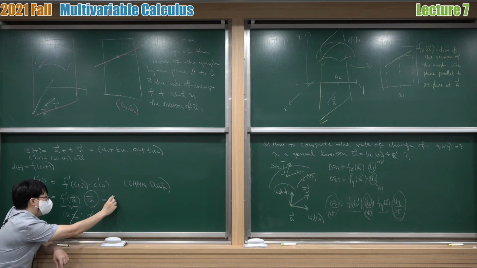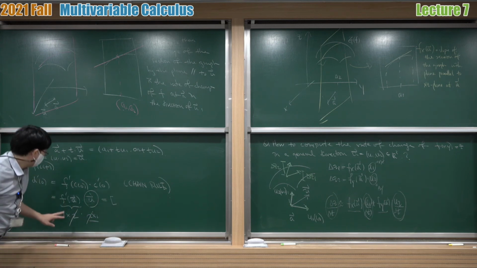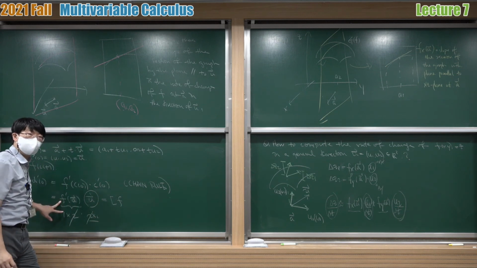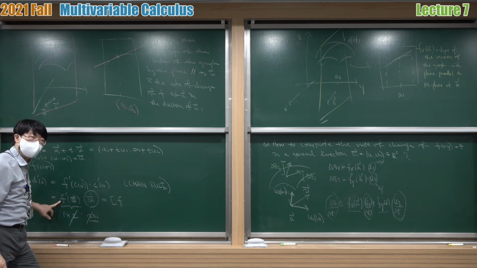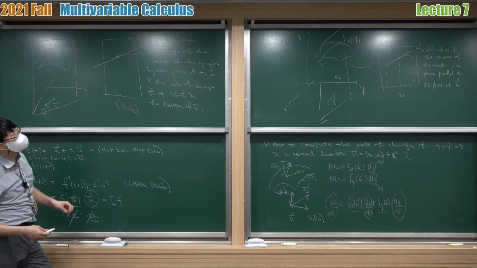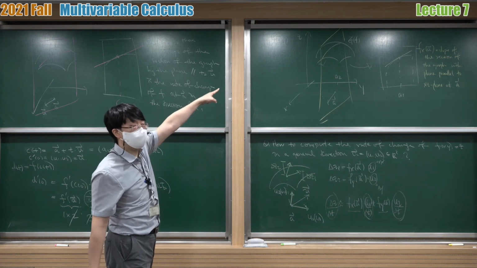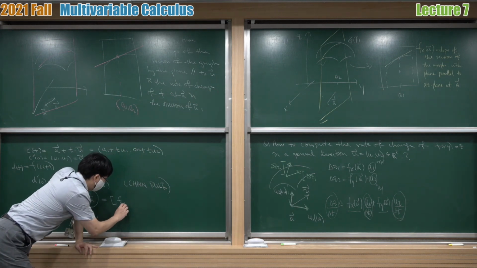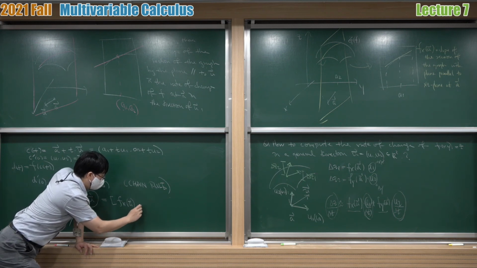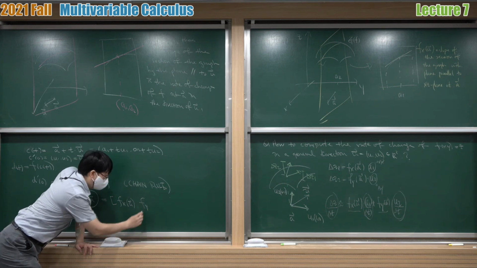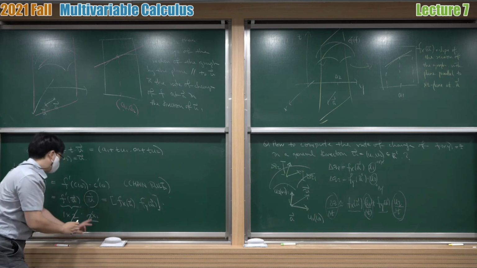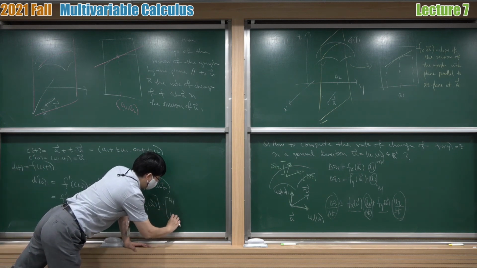But let's write it in our definition. What's the derivative? How did you compute the derivative of a multivariable function? You compute it by partial derivatives, right? So you only have one output. You can call it z, or you can call it f. Let's call it f. So the first column element is fx at a, and the second column element is fy at a. And this is a 1 by 2 matrix. And then you multiply it with u1, u2.